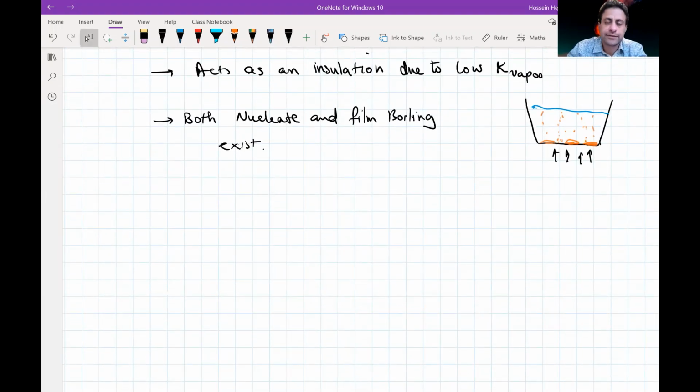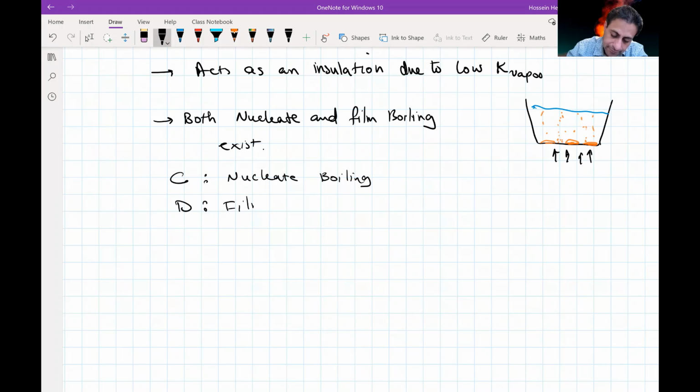So at point C, we had nucleate boiling. At point D, that's the place that we have film boiling. That's getting replaced by that.